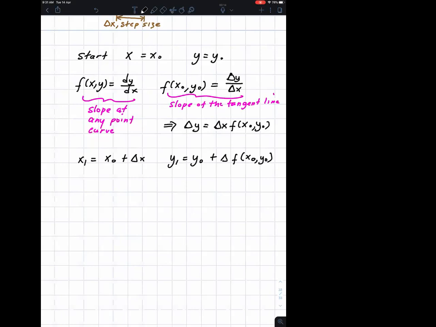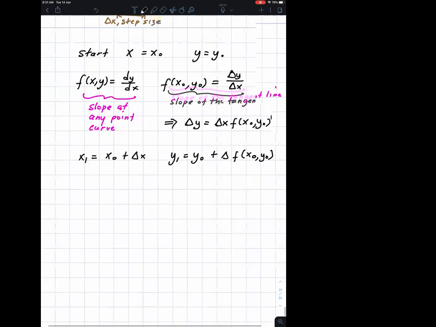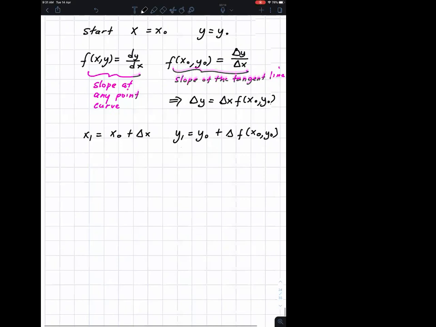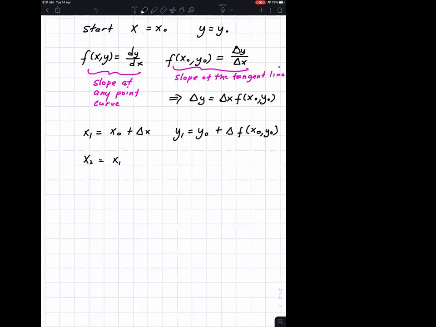When we do the example, you'll see. So x2 similarly is found from x1. Once x1 is found, you can find x2 using this formula. Then you can also find y2 using this formula.